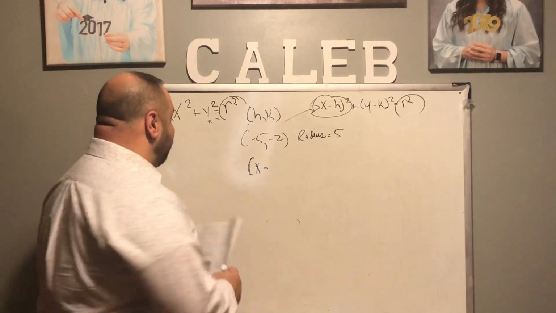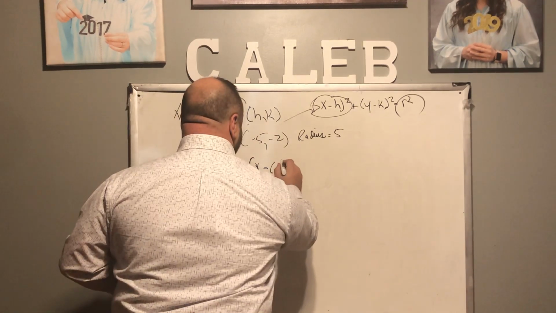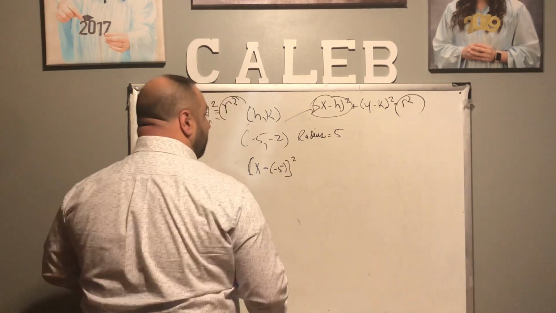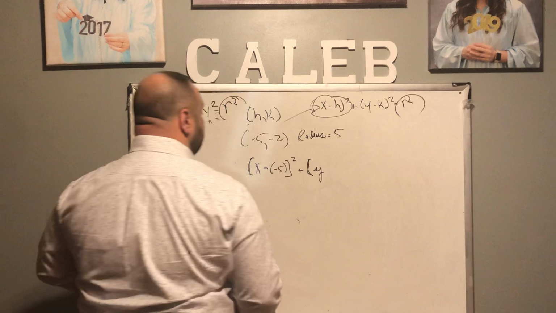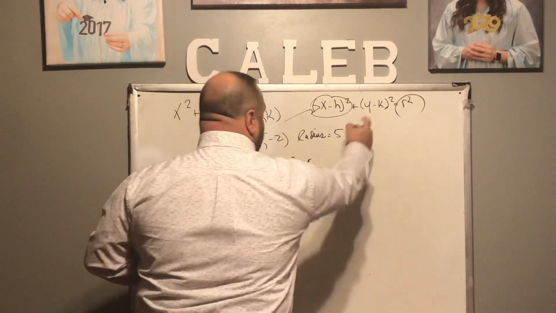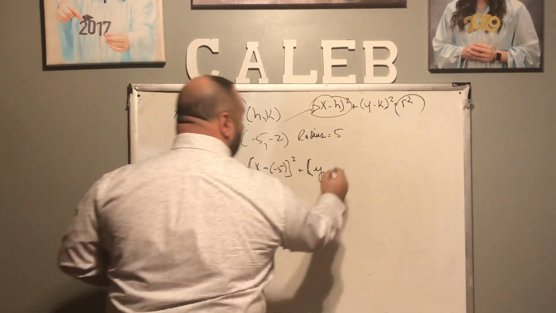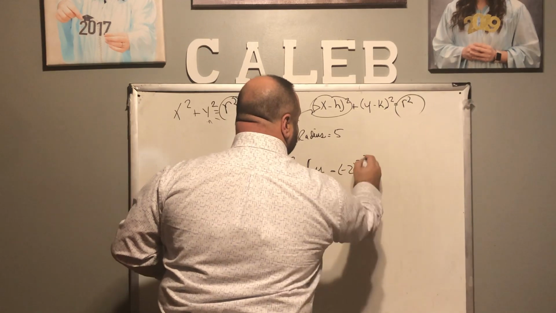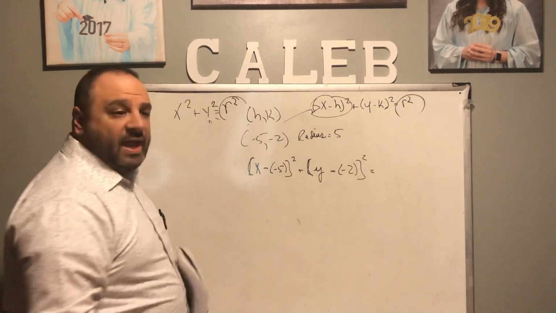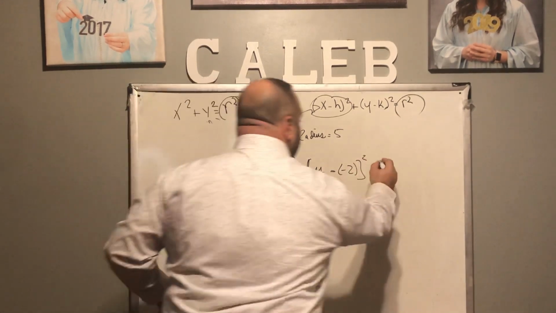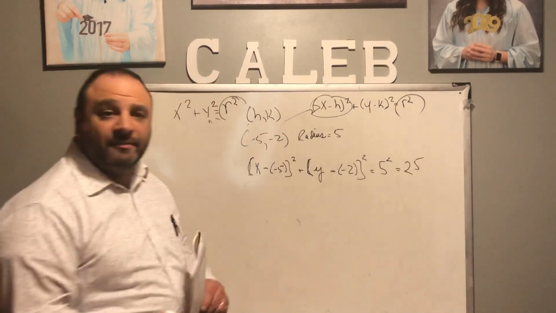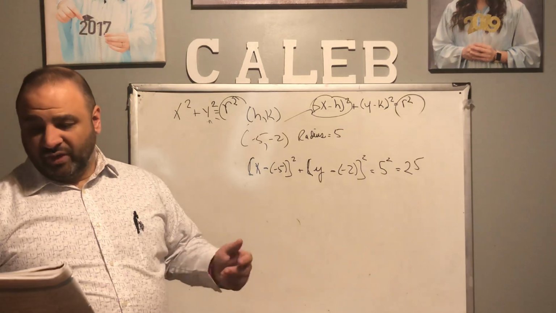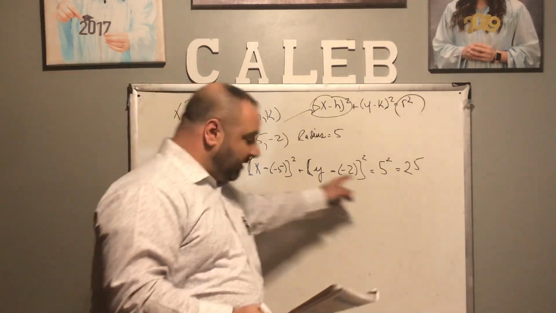So we're going to do x minus negative 5 squared plus y minus negative 2 squared equals, and our radius would be 5 squared, which is 25. And that's how you write those, simply write out the equation there.